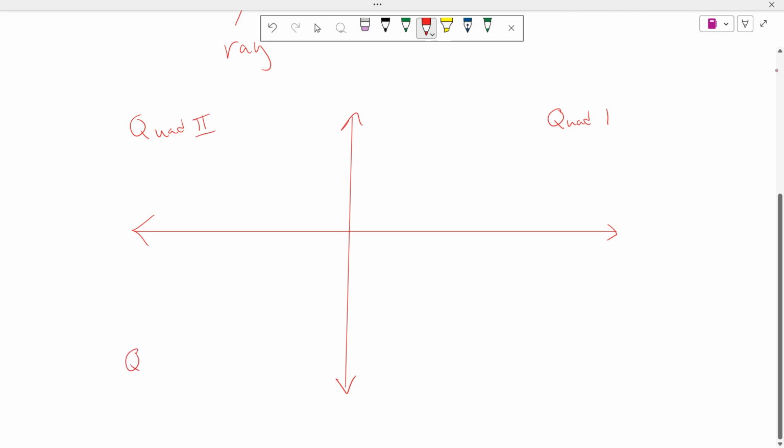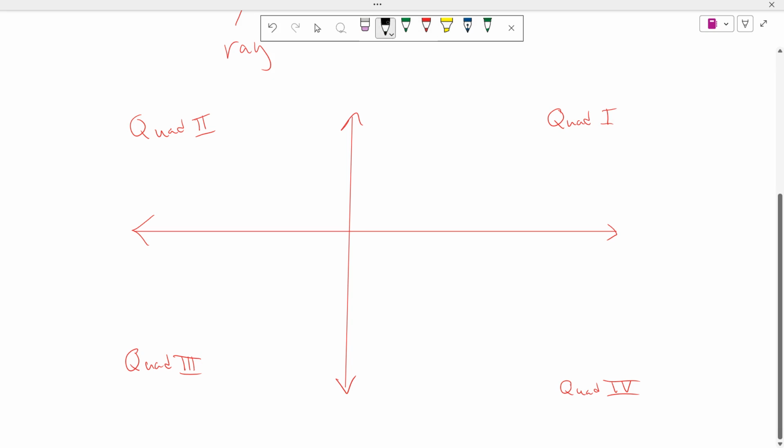Then this one quadrant 3. And then this one quadrant 4. Okay, those are Roman numerals. I hear that Roman numerals aren't taught anymore in elementary school, or you forget them by the time you get to high school. But it's 1, 2, 3, 4, that way around.